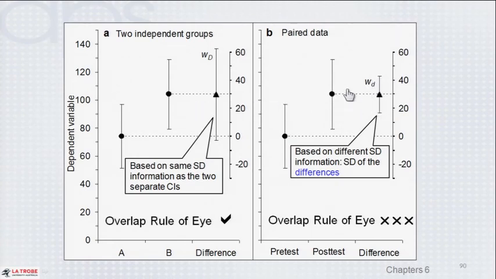So I can't have any overlap rule for these separate confidence intervals, because they don't provide the information needed to get what we really want, which is this confidence interval here on the differences. So it's worth reflecting on the difference between these two, and read that 2005 paper on inference by eye if you'd like a more measured and detailed explanation.